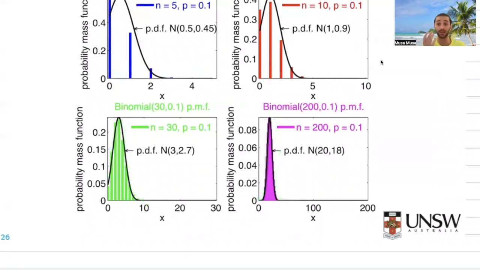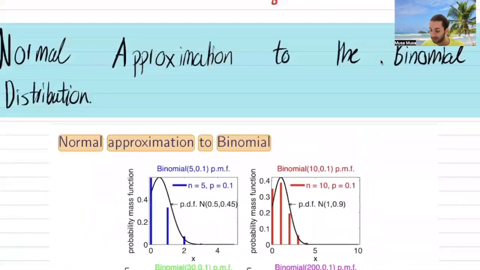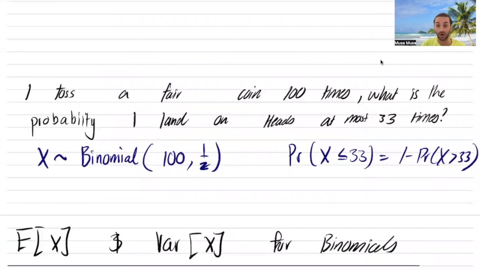So the normal distribution becomes a good approximation to a binomial distribution when you have a large number of trials. For harder questions, ones where you have to give many cases, like this one with 100 trials, it becomes very good at approximating these sorts of inequalities.